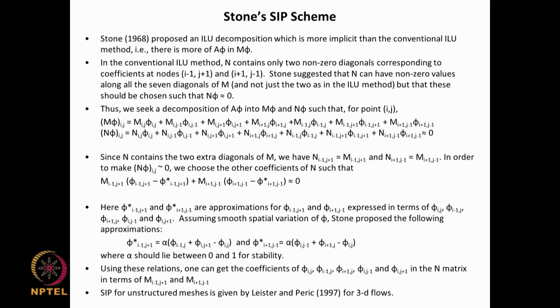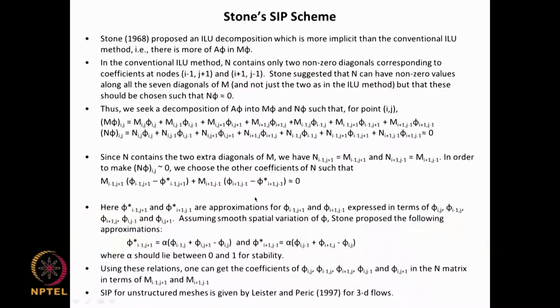by a number of people, including Zedan and Schneider, and they came up with something which is even more efficient method for this, and the strongly implicit procedure has also been extended for 3D flows for unstructured meshes.